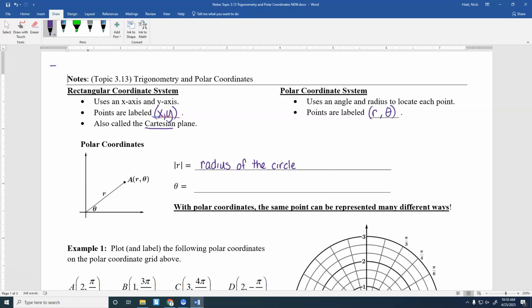And then theta is your angle in standard position. And standard position just means it's like your unit circle angles where your vertex is on the origin, your initial side is the positive x-axis, and then your terminal side is your other angle there.